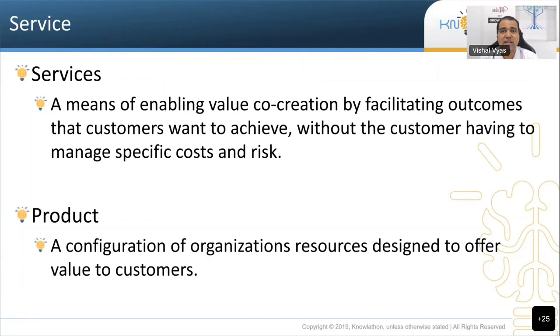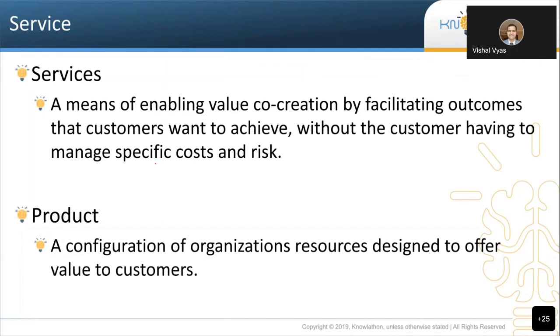You as a service provider will have to continually work with the customer to co-create value. As time goes by, as the business requirements change, as the customer's constraints and environment change, the value definitions are going to change.